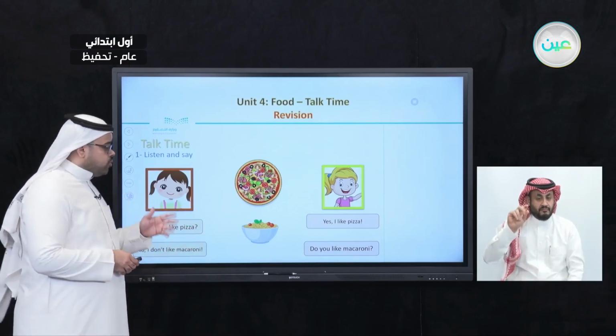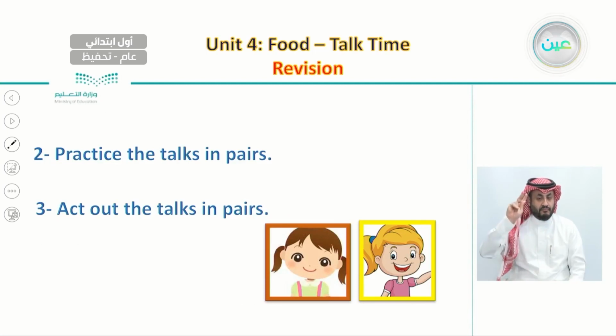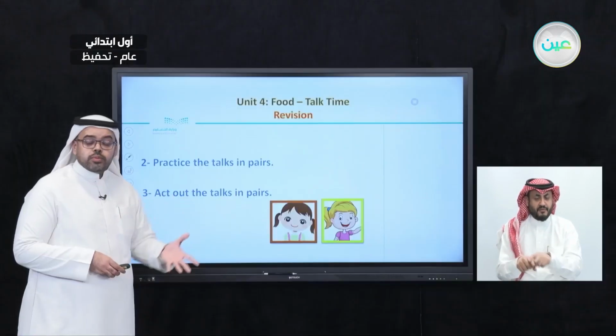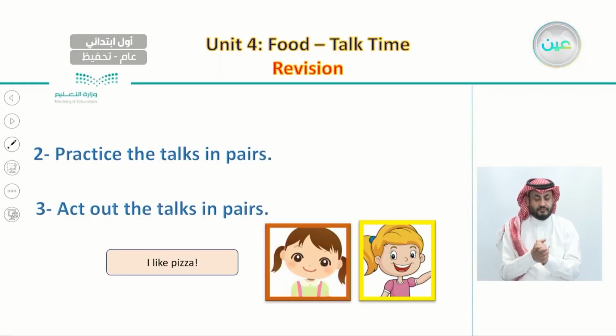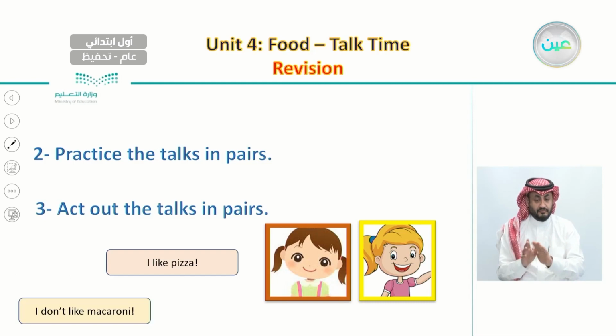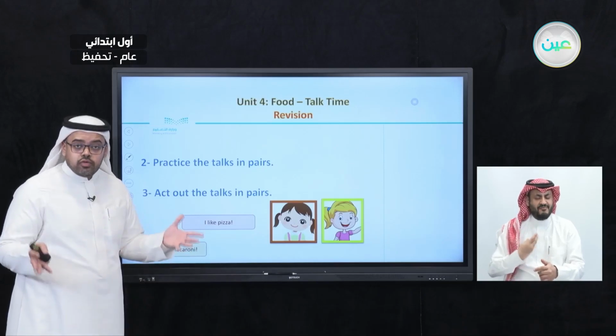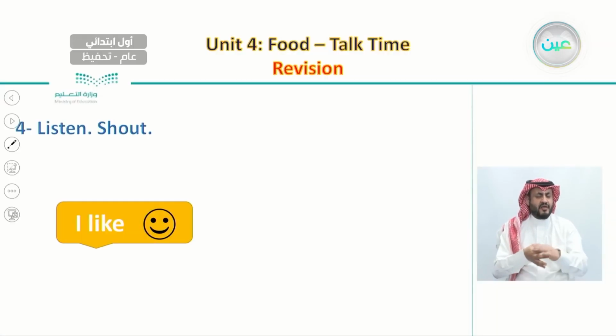We also showed more than one example of this. And I encouraged you to practice such questions in pairs, whether with a family member, a classmate, or even a friend. After this, try to use these phrases, I like and I don't like, and link them with any food you can think of.